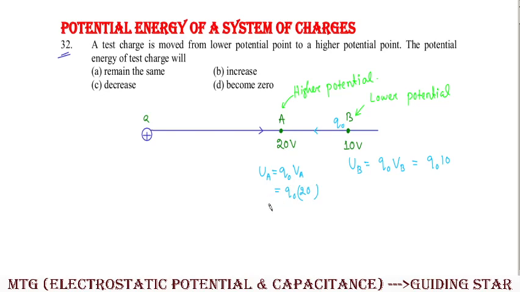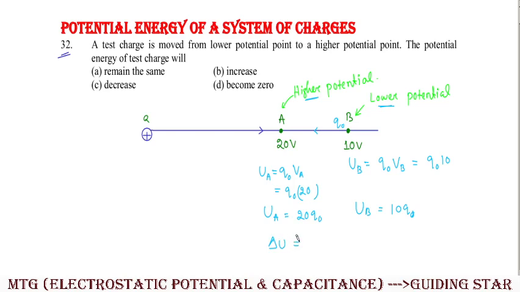So potential energy at A is 20 Q naught and at B is 10 Q naught. It is obvious that when we move from a region of lower potential to a region of higher potential, the potential energy of the test charge will increase.